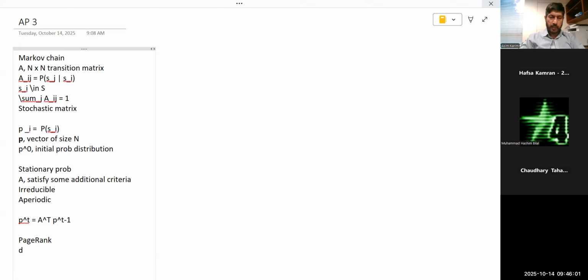We dampen A by a constant d. So d is a damping factor. It's a scalar. So usually its value is around 0.85.